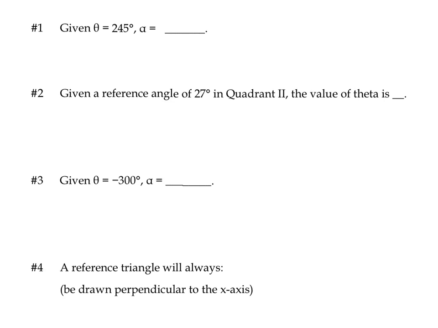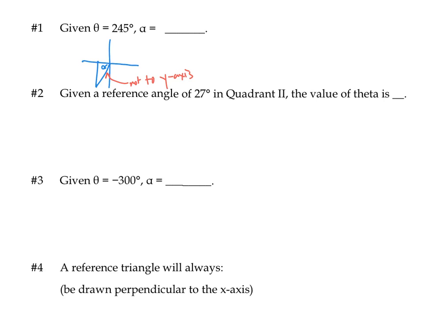So the first question here is, given that theta equals 245 degrees, we want to know alpha, the reference angle. So remember, the reference angle is always going to be drawn back to the x-axis. So 245 will be somewhere out here, but we're looking for this angle in here for alpha. Not this one, not to the y-axis.